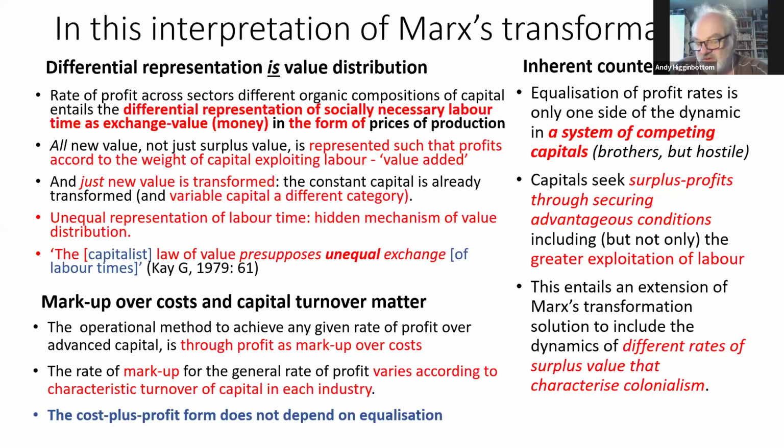What Marx does not do in his solution to the problem, although he certainly poses it when he poses what the problem is, the main variable that he misses out in the solution is different rates of surplus value.